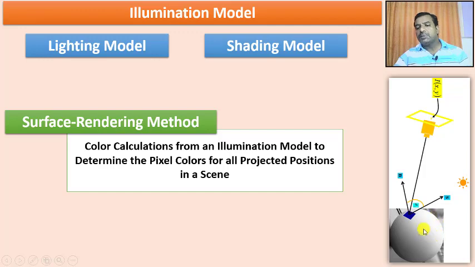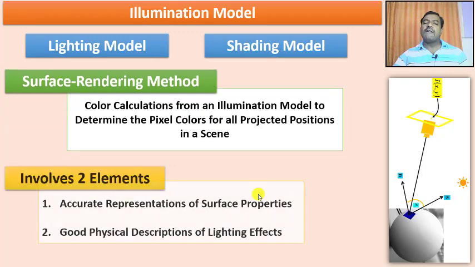All these pixels will be white, all these will be black, and in between it is going to be some gray color. All this calculation of what color each pixel on the display should be, to make sure it is a 3D object with proper shading, is what we call the surface rendering method.